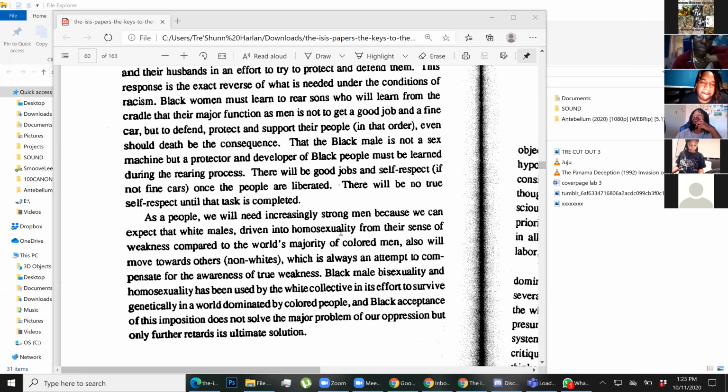Black male bisexuality and homosexuality has been used by the white collective in its effort to survive genetically in a world dominated by colored people. And Black acceptance of the imposition does not solve the major problem of our oppression, but only further retards its ultimate solution.